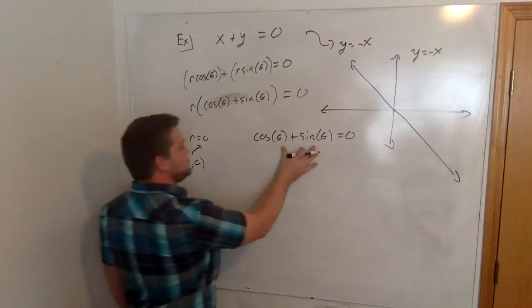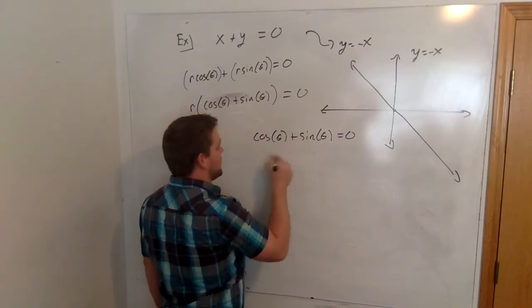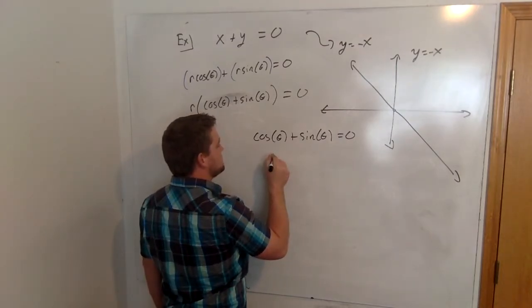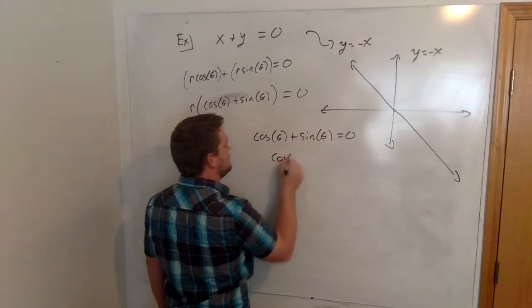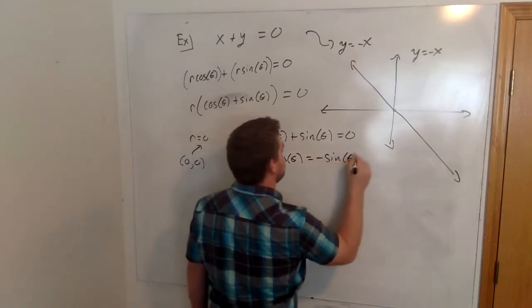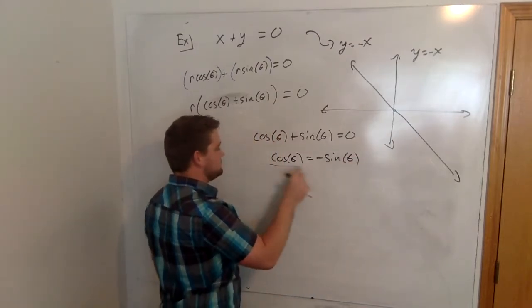Well, what is this here saying? Let's write this as the cosine of theta is equal to the negative sine of theta. And how about we divide both sides by cosine of theta?